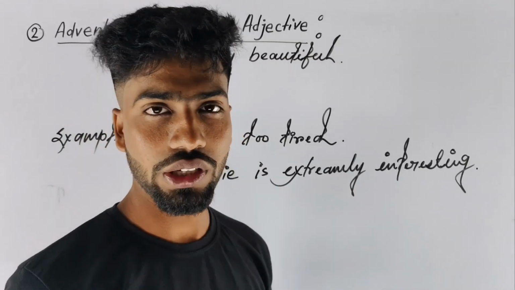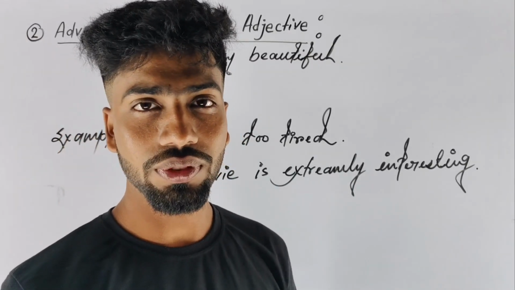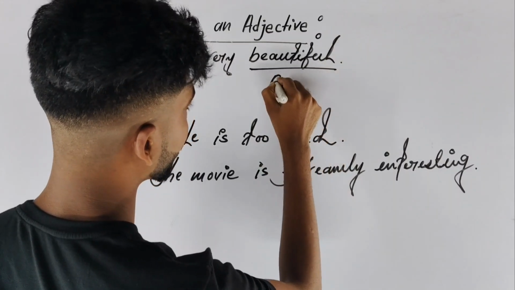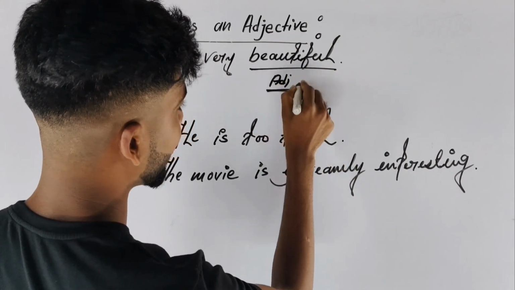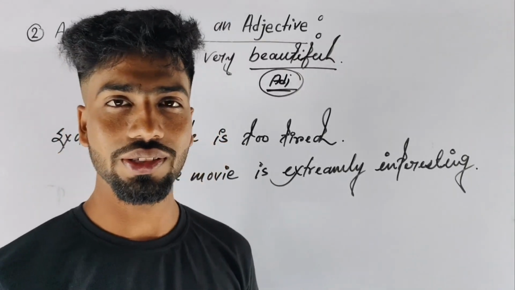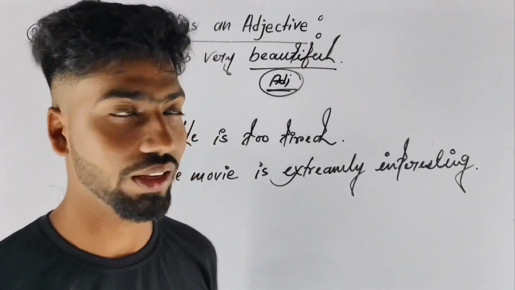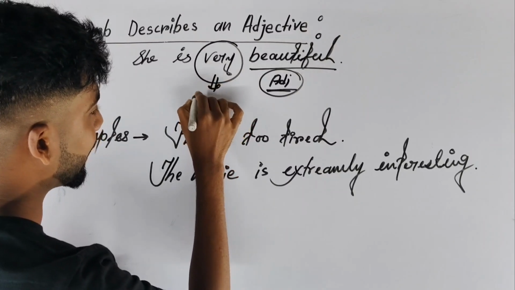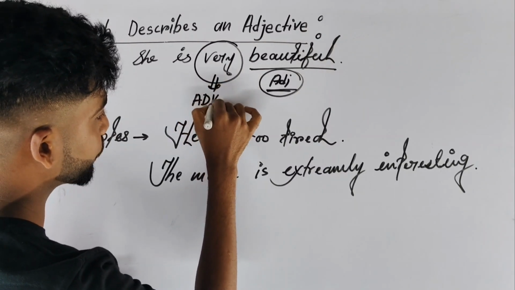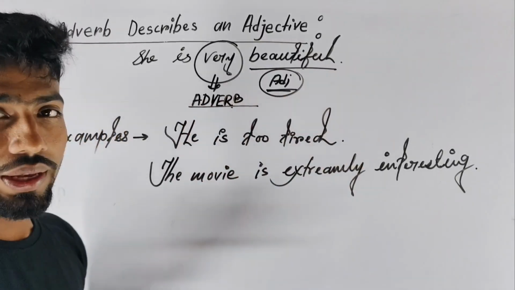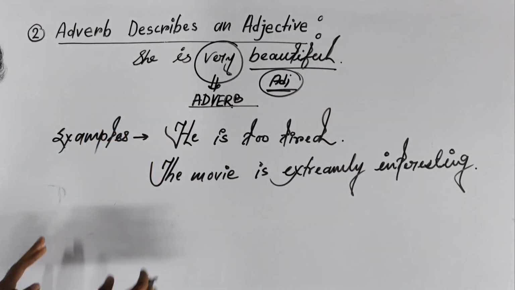Now ask the questions. What is an adjective? The answer is beautiful. Okay, the answer is beautiful. And ask the questions. How beautiful? The answer is very. Okay, so here very is an adverb. Okay, here are more examples.